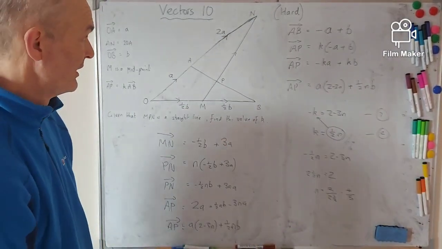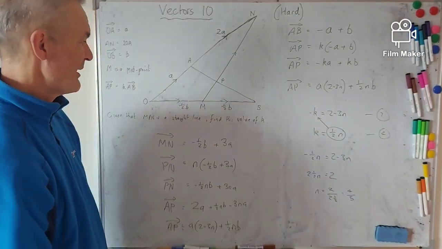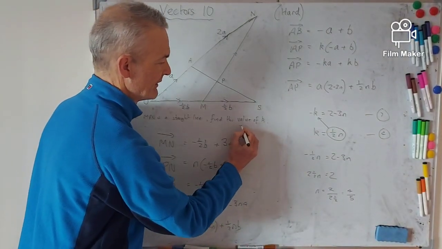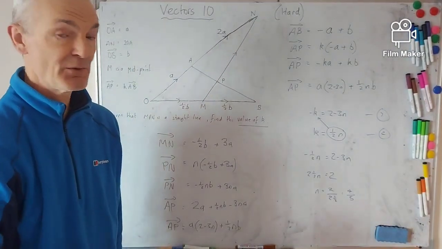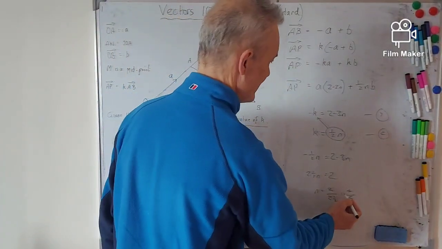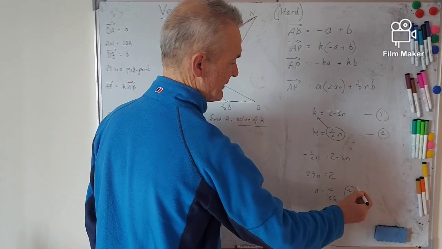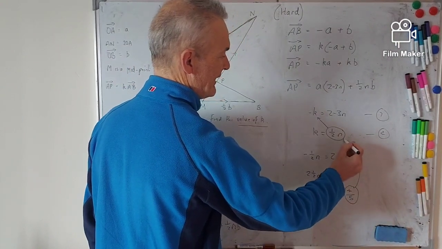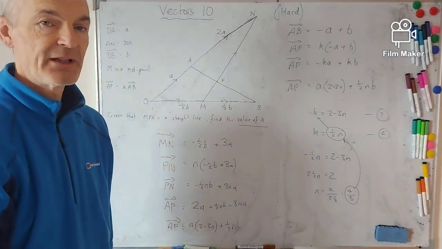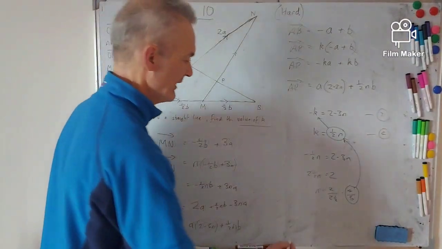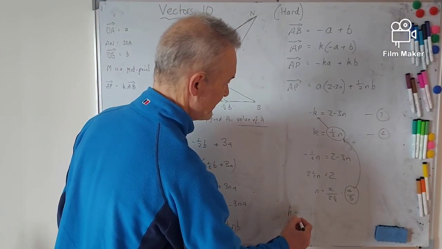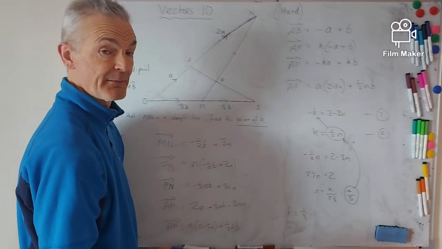And that's useful. Remember, we're trying to find the value of k. We've not got there yet, but we've got n. So we can then take this and substitute it into here, and then we can find the value of k. So let's do that. So k equals a half, and then we're going to put the n in.